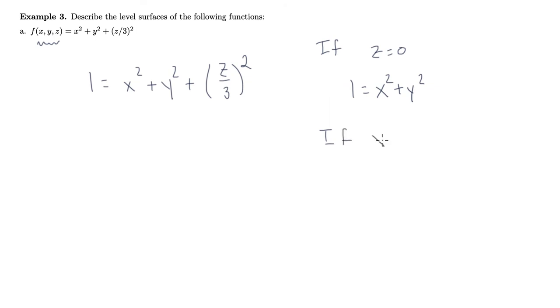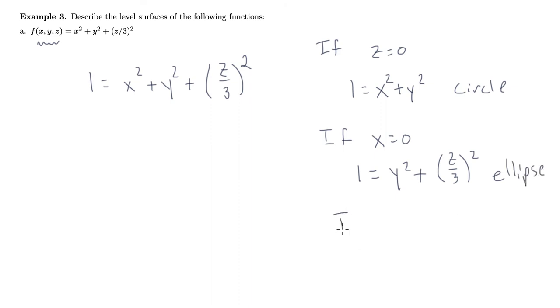If x is 0, then we have 1 is equal to y squared plus z over 3 squared. So this was a circle, radius 1. This is actually an ellipse. And then if y is 0, we also get an ellipse. So this is like in the yz plane.